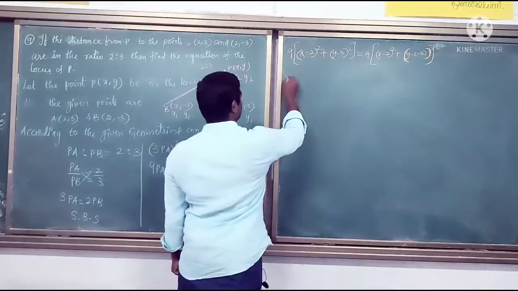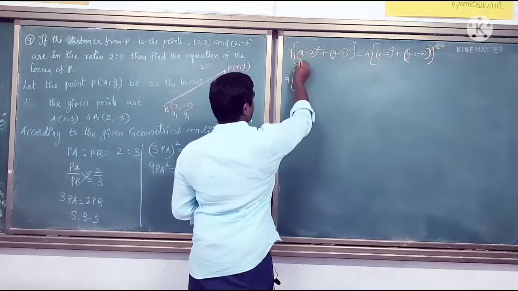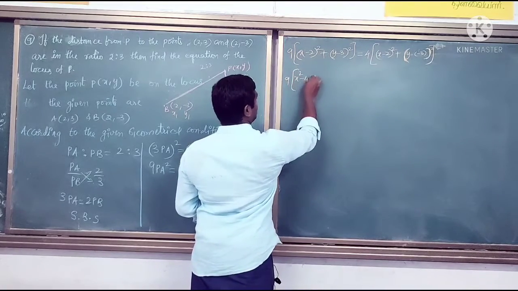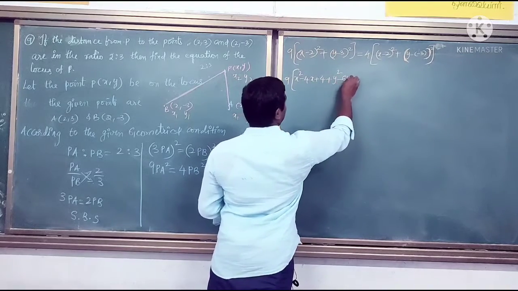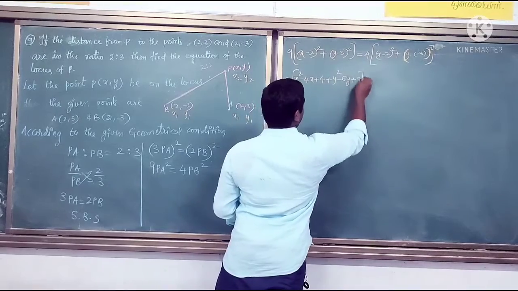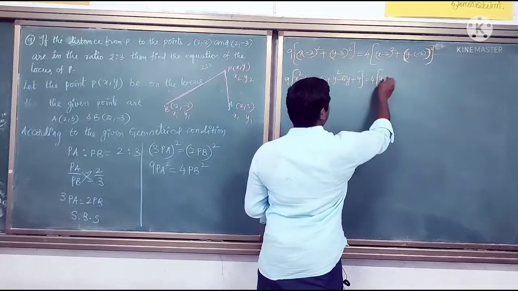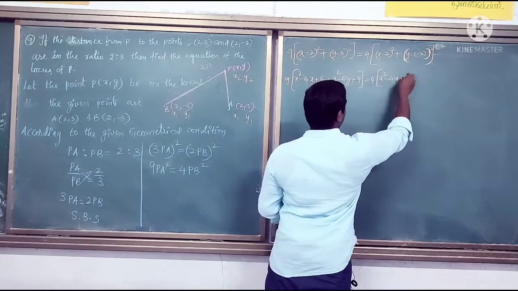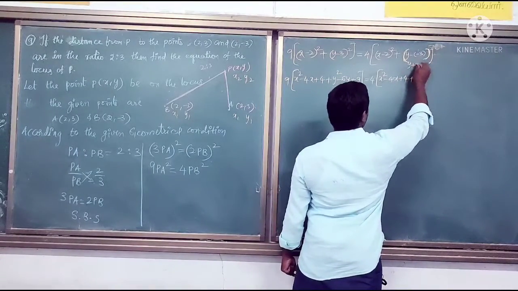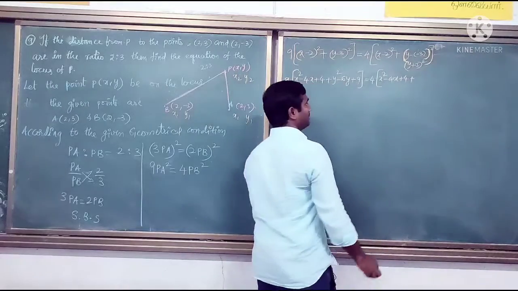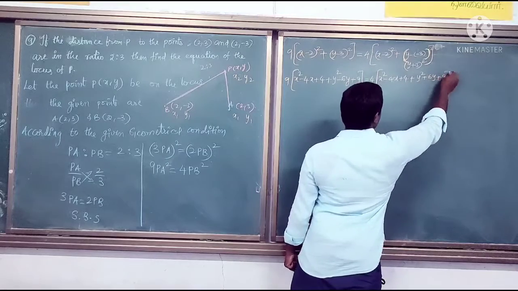So now expand it. (x - 2) whole square we can write as x square minus 4x plus 4. And (y - 3) whole square is y square minus 6y plus 9, equal to 4 of (x - 2) whole square, already expanded, x square minus 4x plus 4, plus (y + 3) whole square, which is y square plus 6y plus 9.